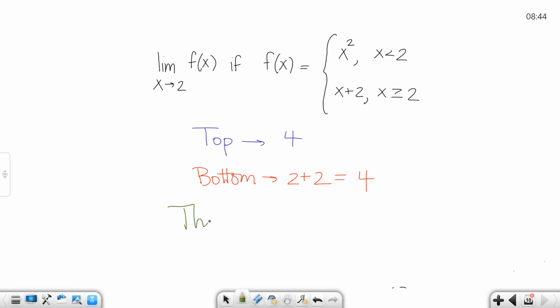They match. So if they match, the limit is that value. So the limit for this piecewise function, the limit is 4. Whatever they match to be, that would be your limit.